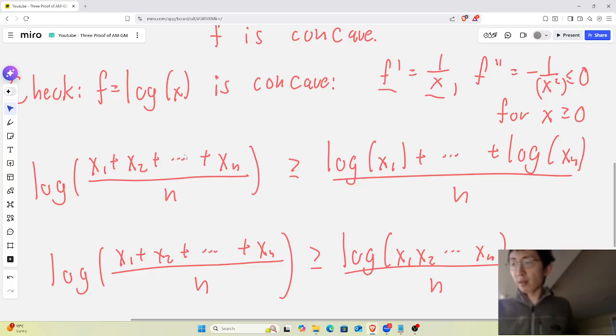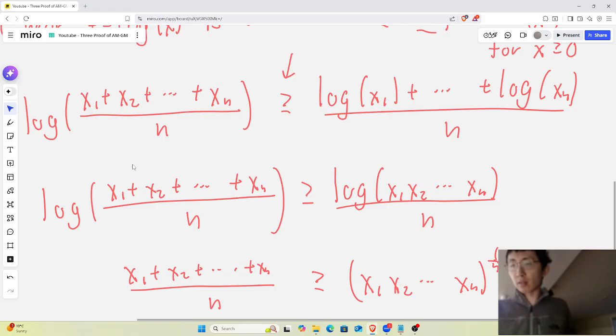So if we apply Jensen's to log x, log of the sum of xi over n is greater than or equal to the sum of log x1 plus through log xn over n. And notice the inequality is flipped here because log is concave. So we can apply the log rule that the sum of the logs is the log of the product, and we get this.